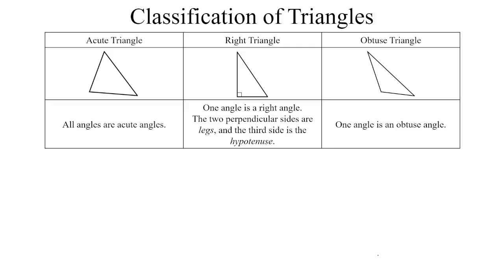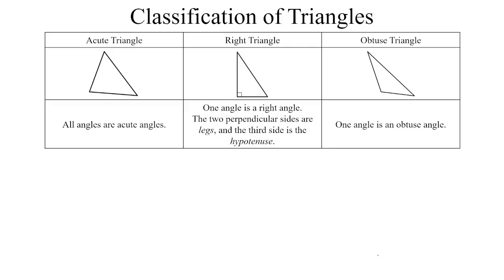Now the right triangle has sides that have special names. The two perpendicular sides, or the two sides that make up that right angle, are the legs. And the third side, the side opposite the right angle, is called the hypotenuse.